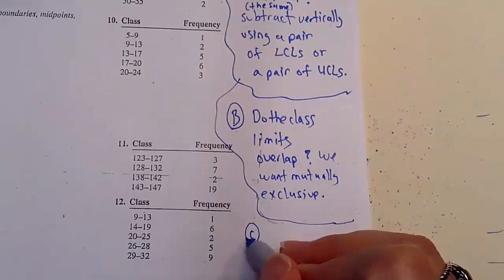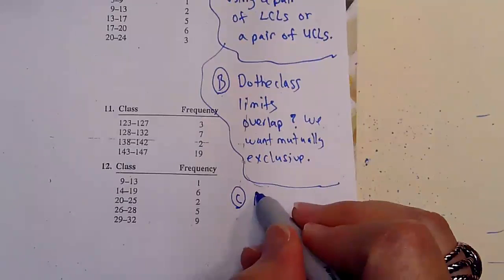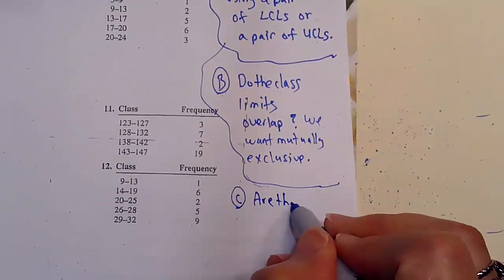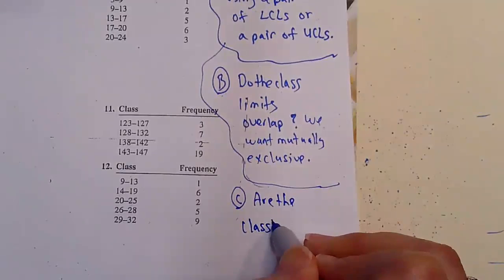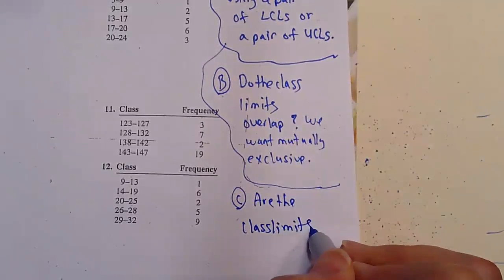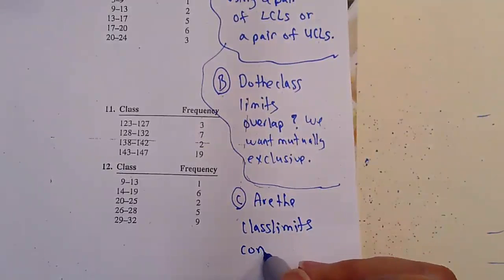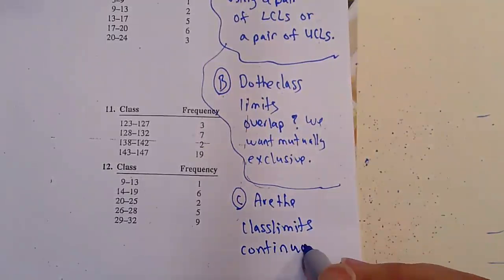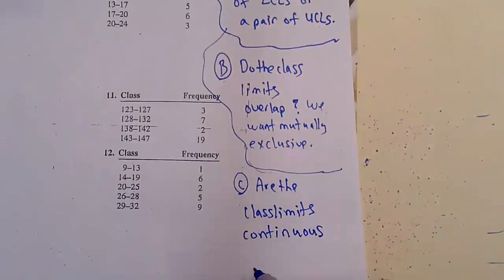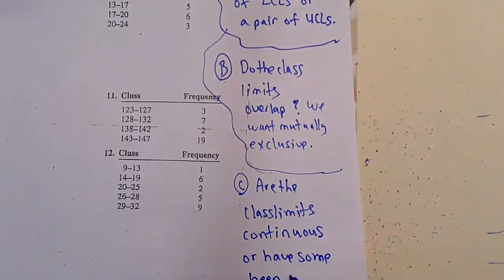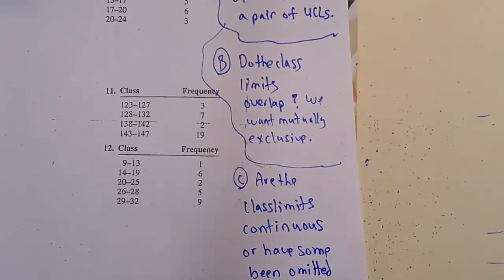Okay, and then the last question to ask is, are the class limits continuous, or have some been omitted in between?